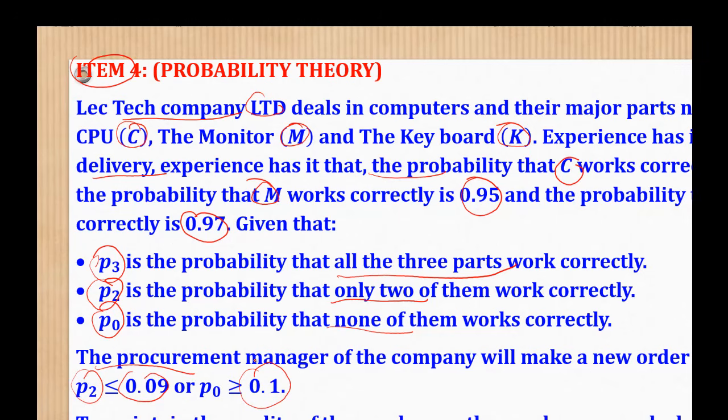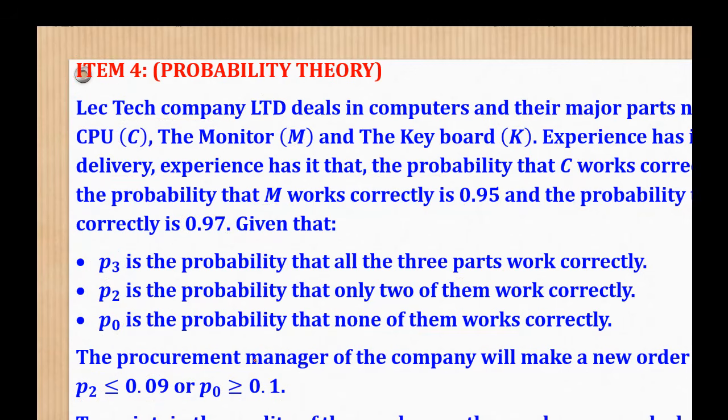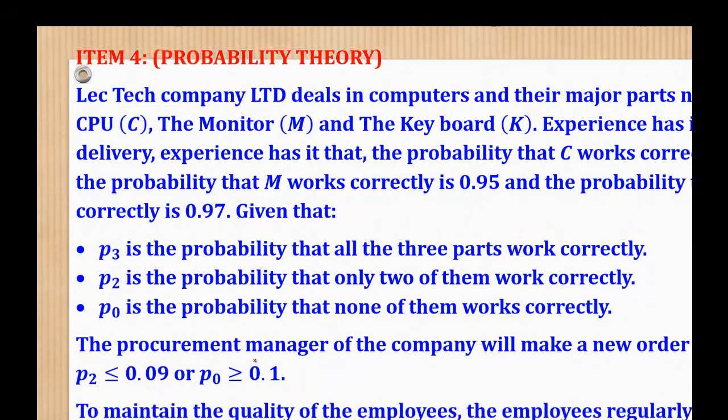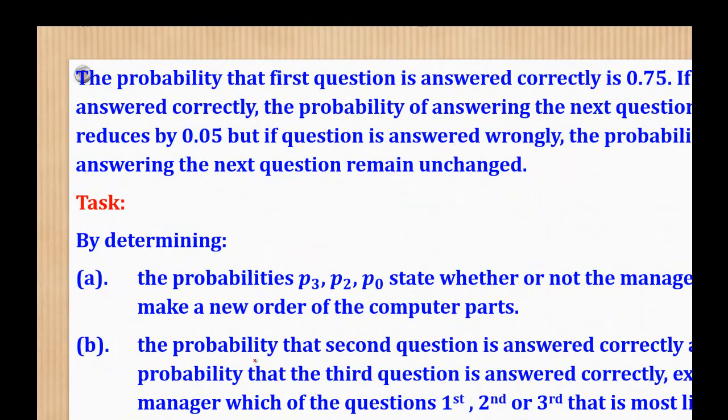questions which are randomly and automatically generated by the computer. The probability that the first question is answered correctly is 0.75. If a question is answered correctly, the probability of answering the next question correctly reduces by 0.05.